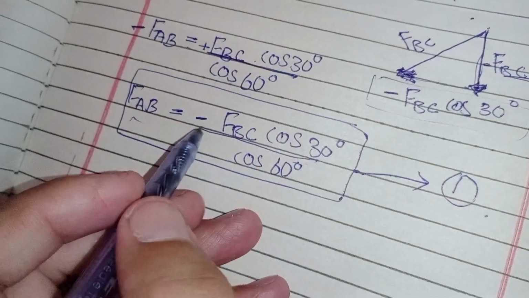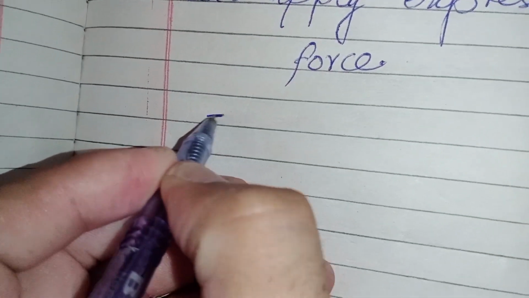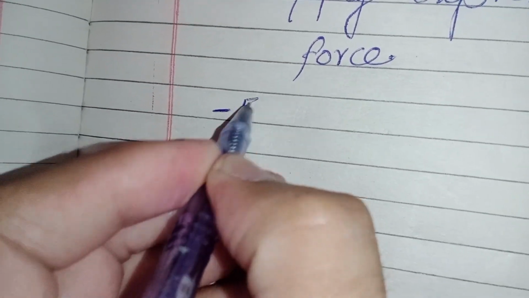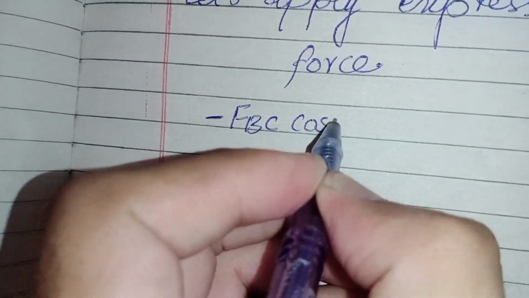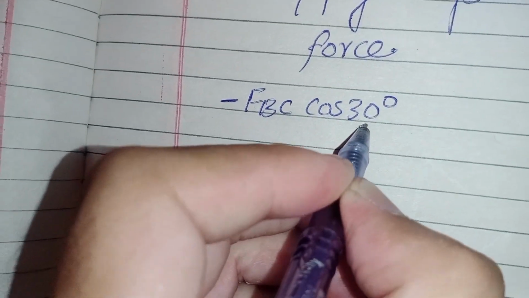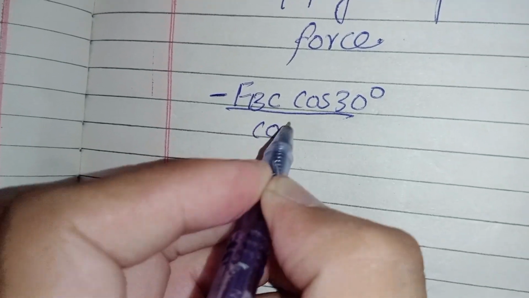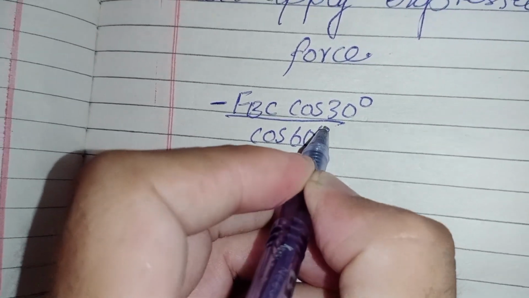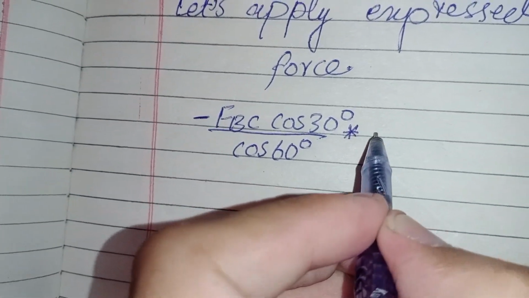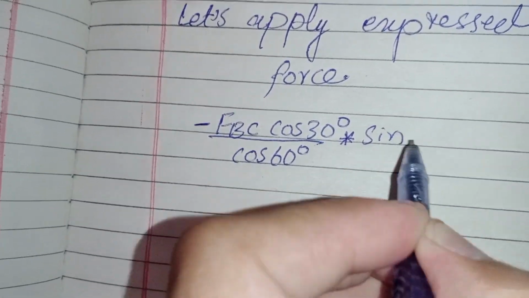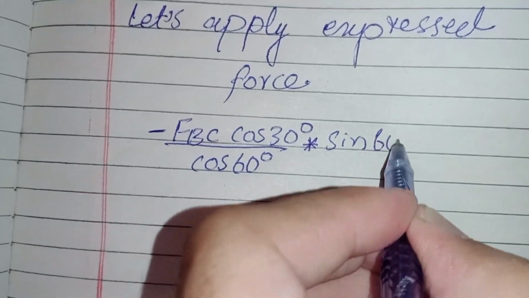First of all, I write minus F of BC cos 30 degree divided by cos 60 degree and multiply by sine 60 degree.